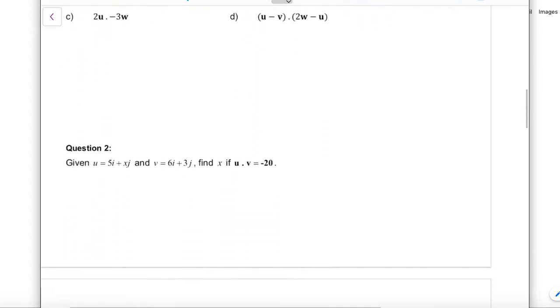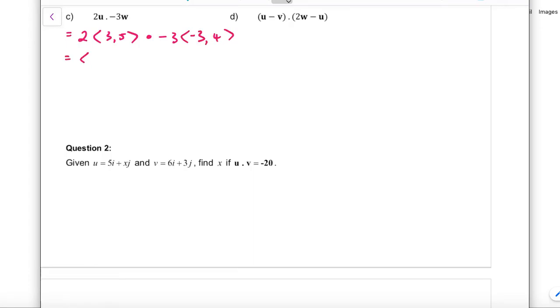If we have, as in parts C and D, a coefficient or a scalar multiplied onto the vector, we can treat it in a couple of ways. We can treat it as we would normally when multiplying. We want two lots of vector u, so two lots of (3, 5), times -3 lots of (-3, 4) for vector w.